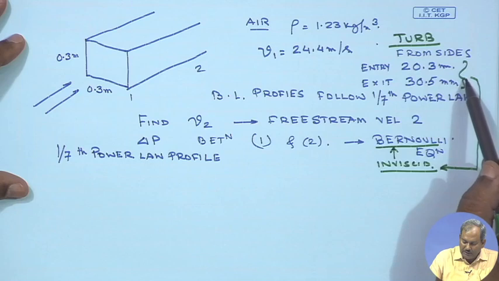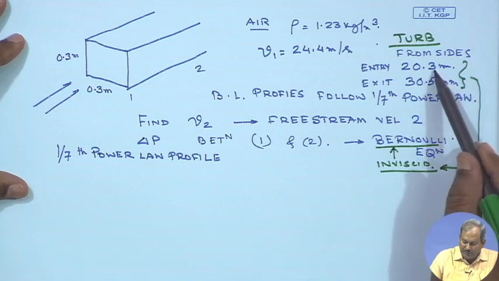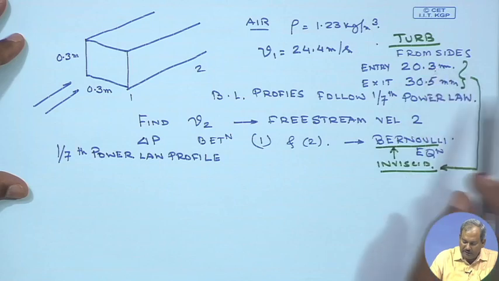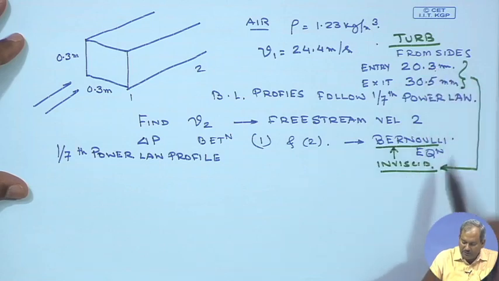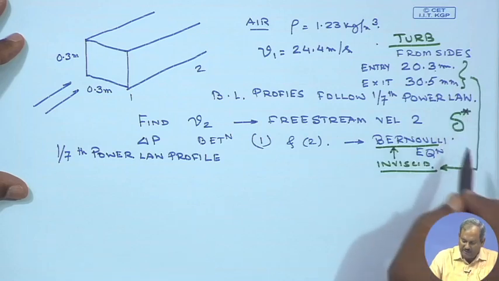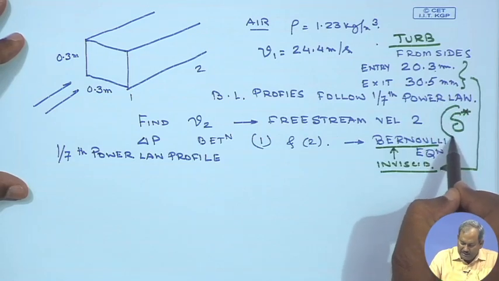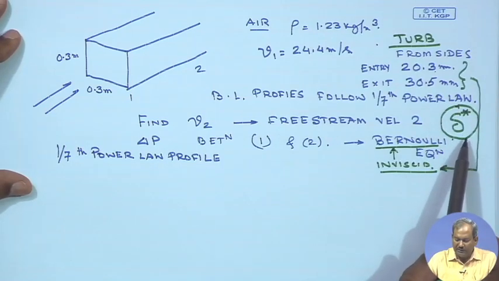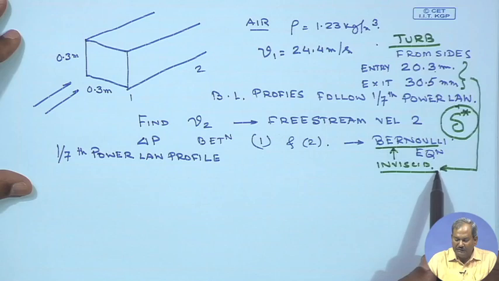So, to convert a flow situation which has a finite boundary layer thickness and then a free stream beyond that into an inviscid one, I have to use the concept of displacement thickness. Because if I can introduce the concept of displacement thickness, then essentially the flow becomes inviscid everywhere.